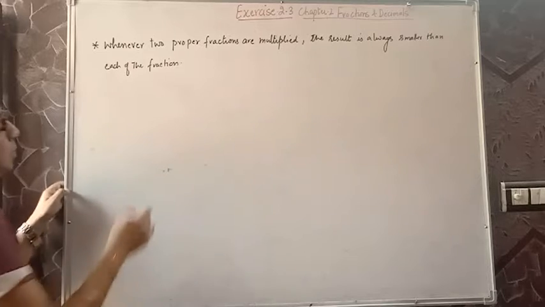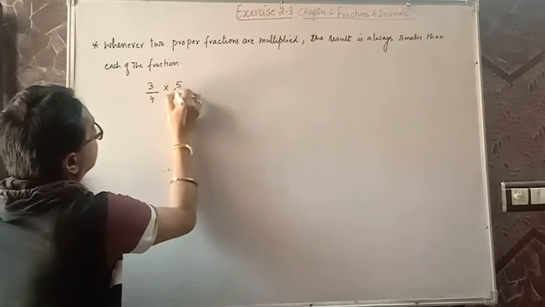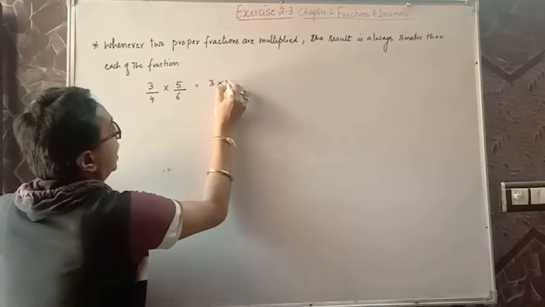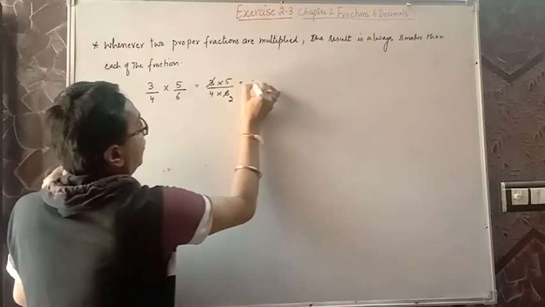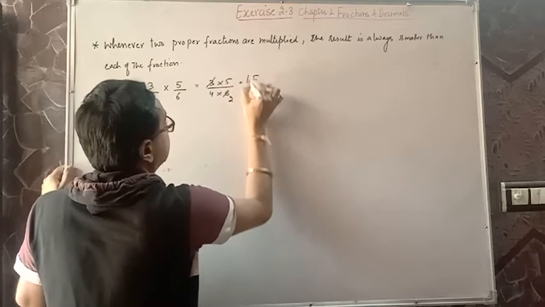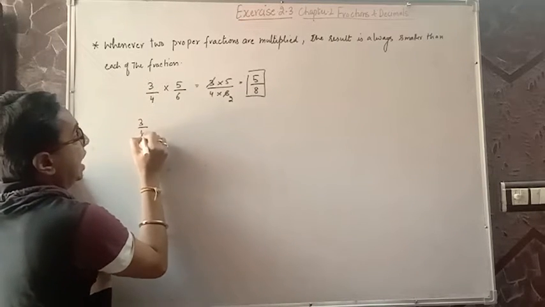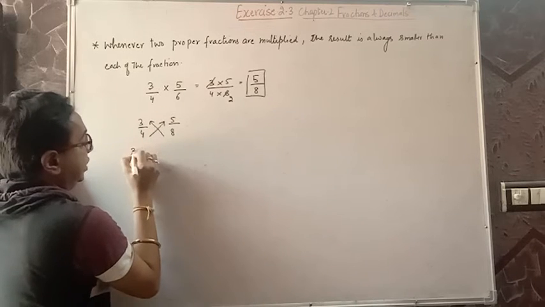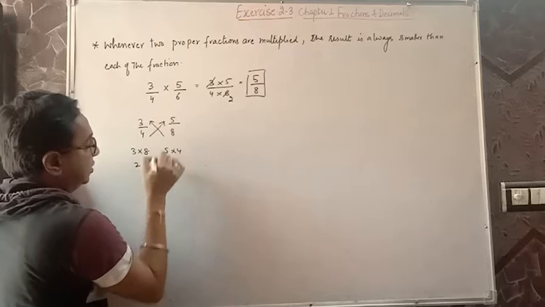Understand, for example, let me take an example: 3 by 4 multiplied with 5 by 6. If we solve, we get 3 into 5 over 4 into 6, which simplifies to 5 by 8 as the result. If we compare 3 by 4 and 5 by 8, we see 3 into 8 is 24 and 5 into 4 is 20, so 3 by 4 is bigger.